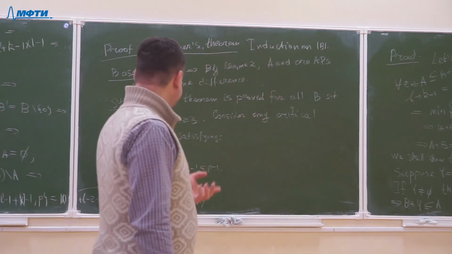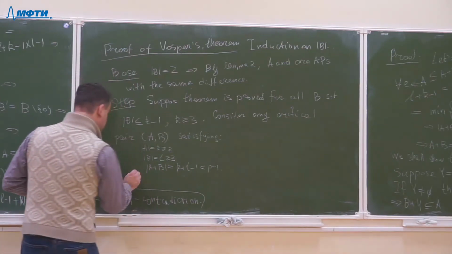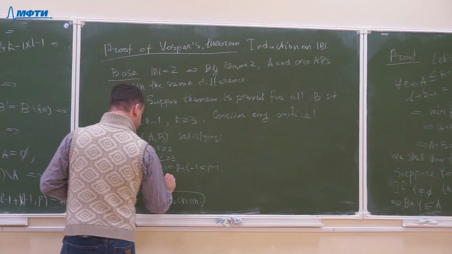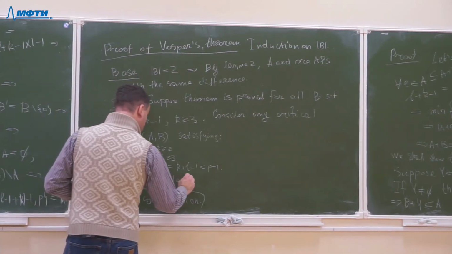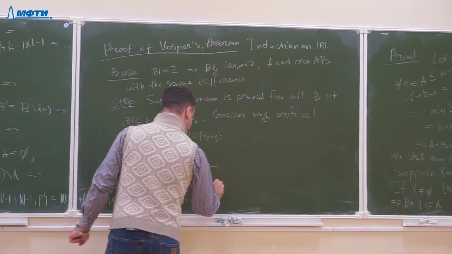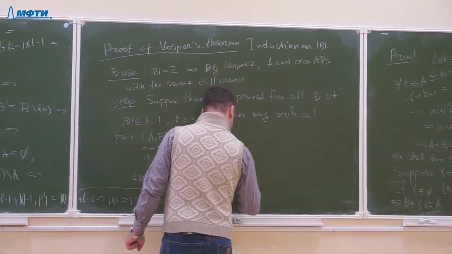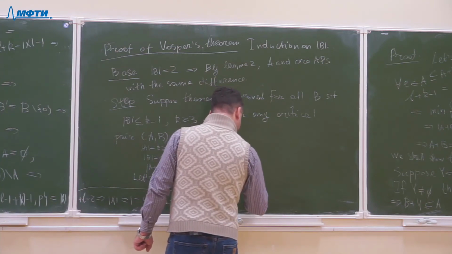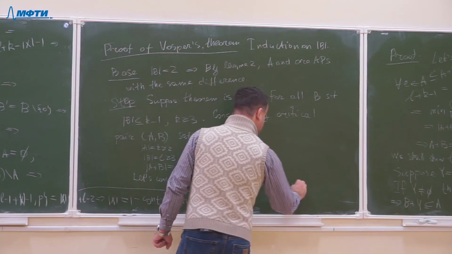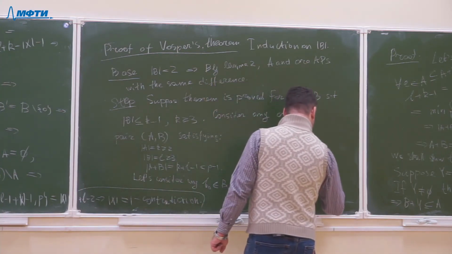Well, let's consider any B0 from B and take the set B prime, which is B minus B0.